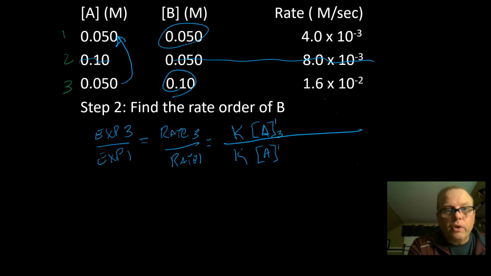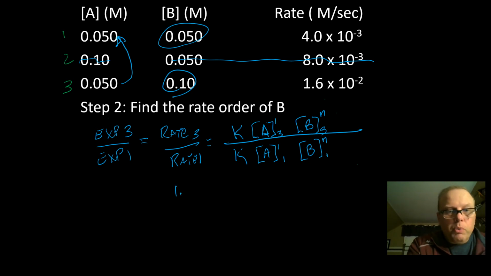This will be for the third experiment. This will be for the first. The concentration of B to the n for the third experiment over the concentration of B to the n for the first experiment.